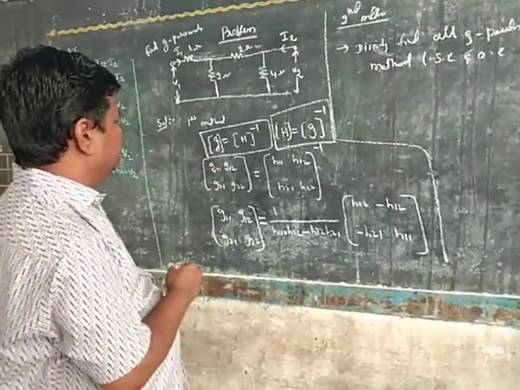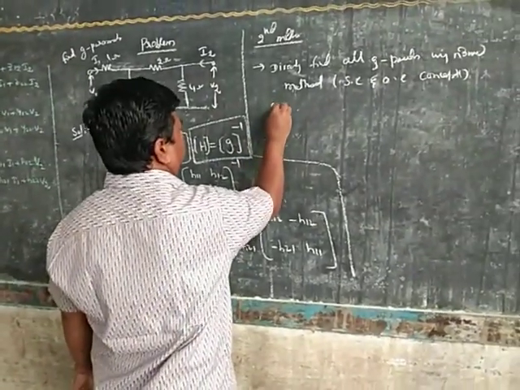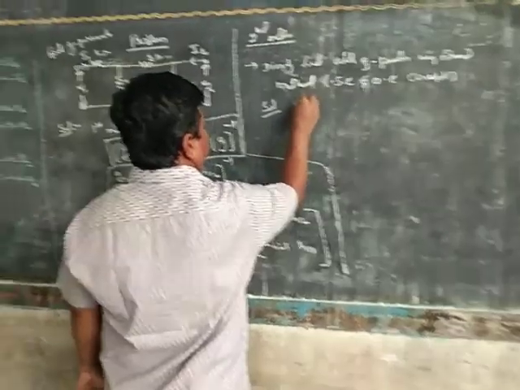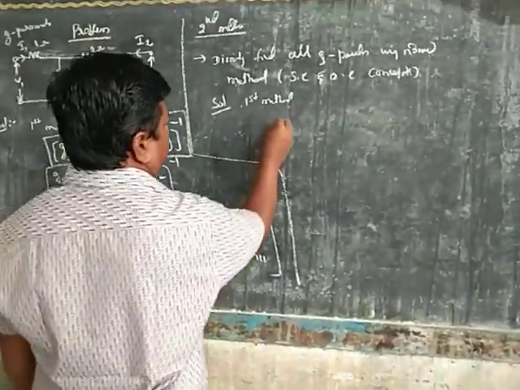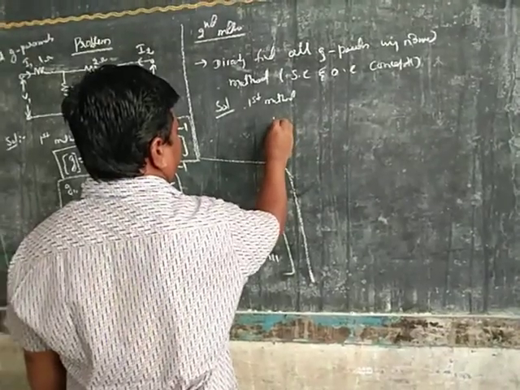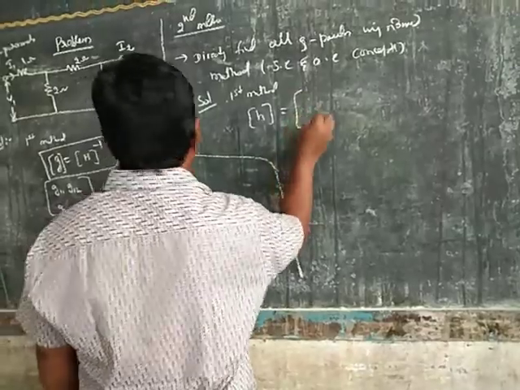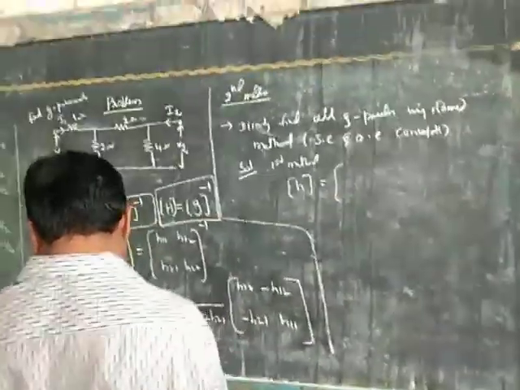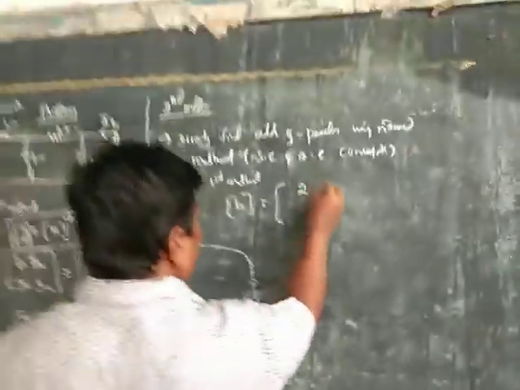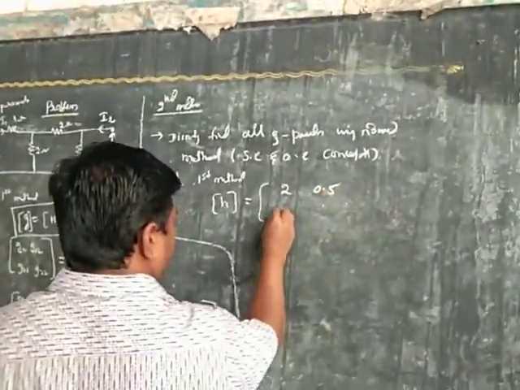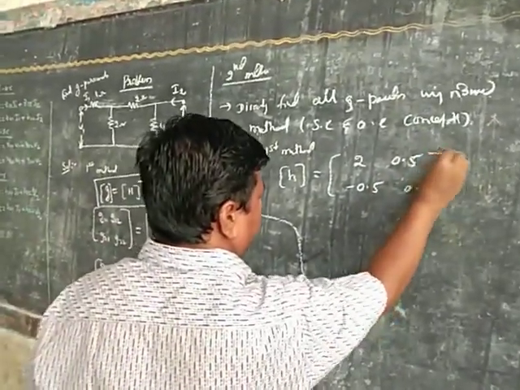Okay, same as the previous problem. Already we calculated the h parameters. Solution using the first method. Already we calculated the h matrix, that is equal to the previous h matrix: 2, 0.5, minus 0.5, and 0.5.